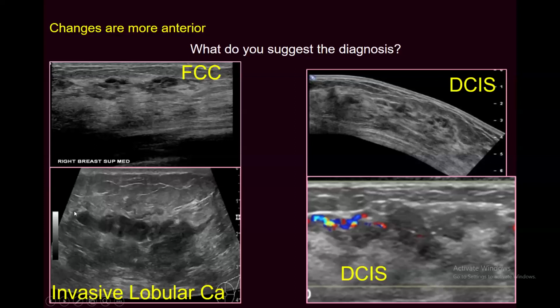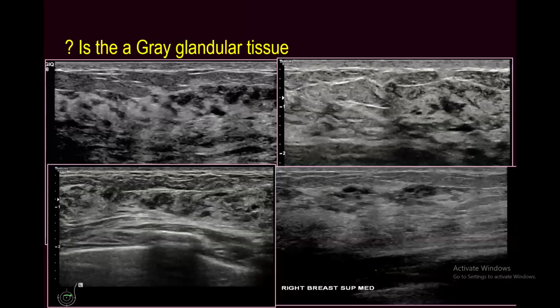Another change here is seen anteriorly in a case of invasive lobular carcinoma. What do we call these? These are not masses, but non-mass like lesions, similar to non-mass like enhancement seen on MRI.